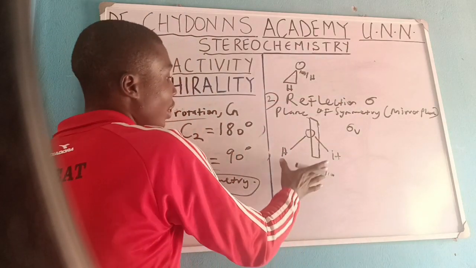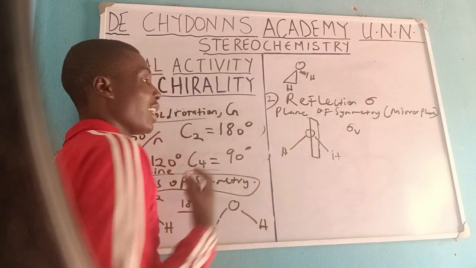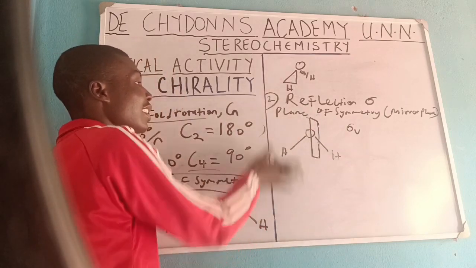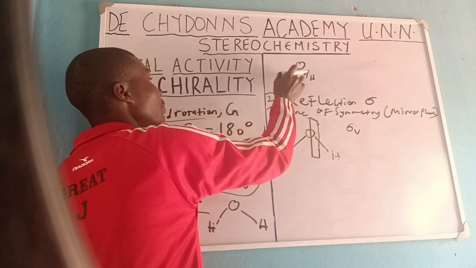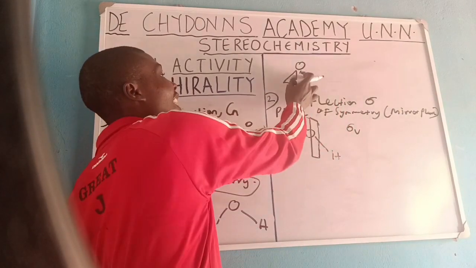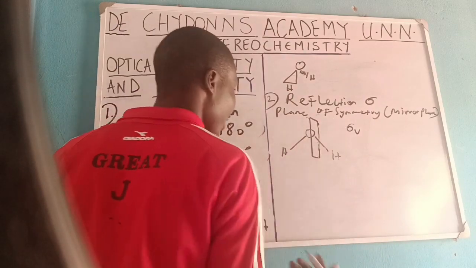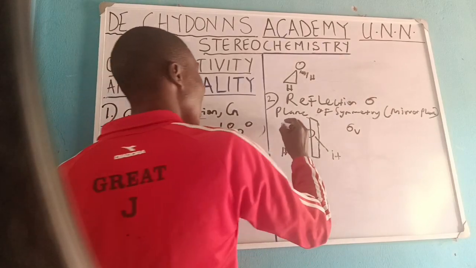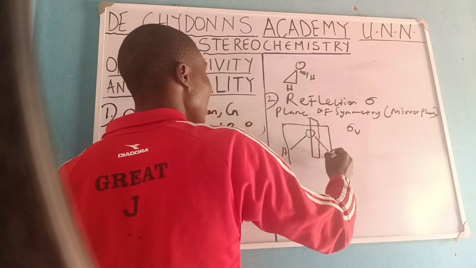For example, this is a flat drawing, and from what we are seeing already, this stick bond is representing this flat surface. I told you that the wedge bond means that it is coming out, and the hash bond means that it is going back. So these ones are on this particular surface. So if you have a plane that cuts through this particular surface, that's a plane that is like this, for example, just something that cuts.